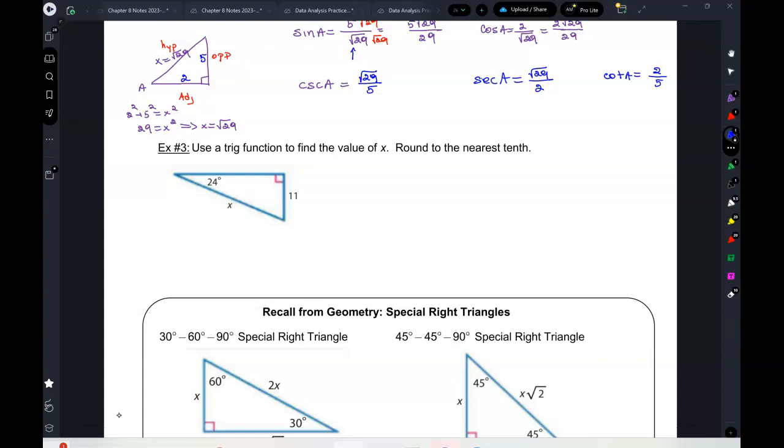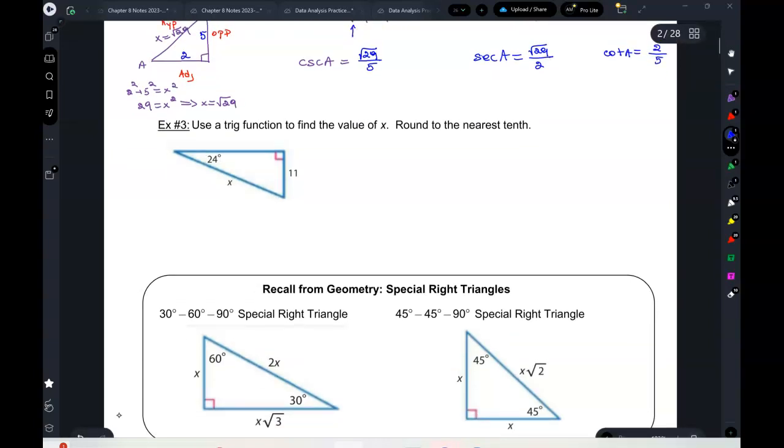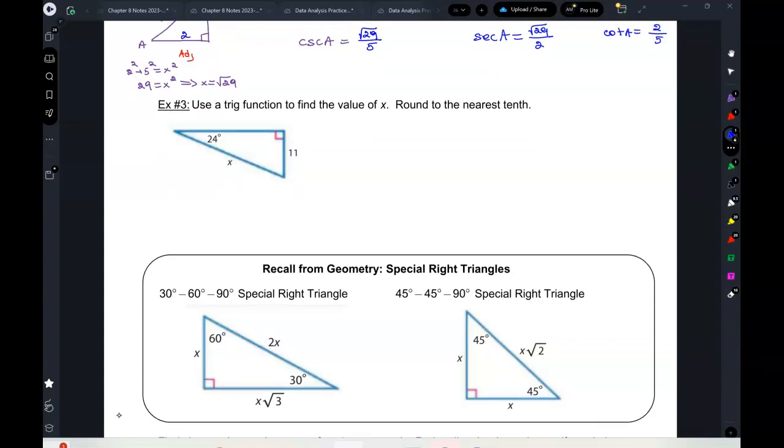Okay, so use a trig function to find the value of x, rounding to the nearest tenth. Take a look at what you have here. You've done this in geometry. You have your angle here, and you've got two sides given. In reference to the angle, you want to label the sides that you are given. So x is the hypotenuse, and 11 is which side?